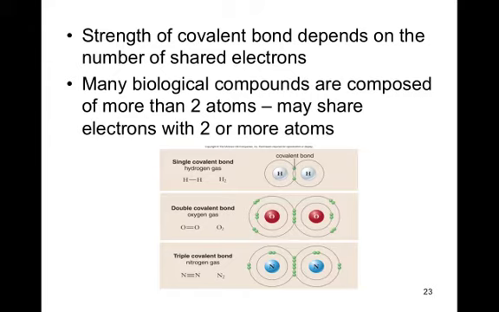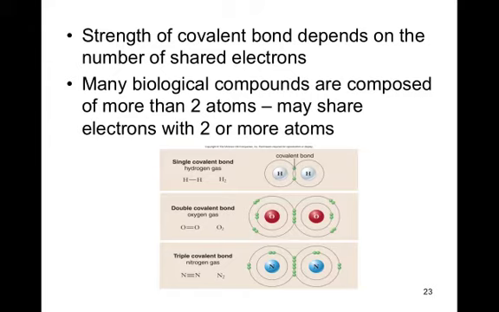In fact, N2 cannot be broken apart except by very few nitrogen-fixing bacteria that we see in the root nodules of some plants. Those bacteria are responsible for fixing all of the N2 that feeds into our ecosystem. Many biological compounds are composed of more than 2 atoms.